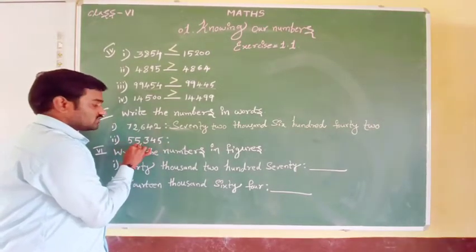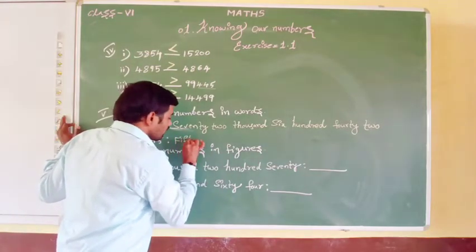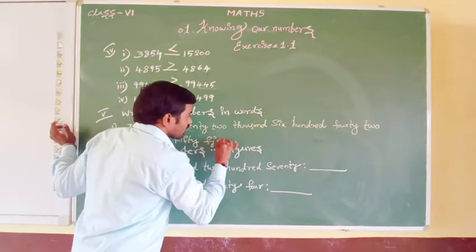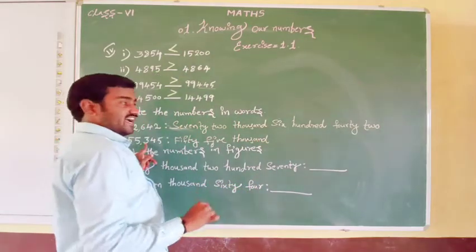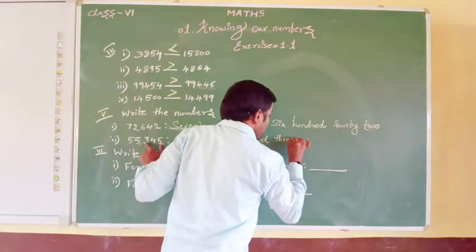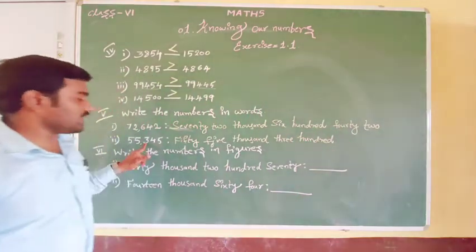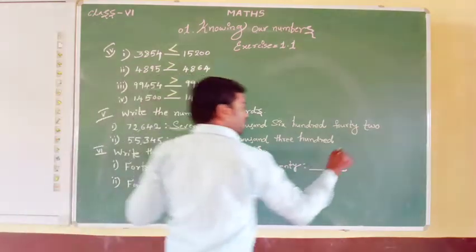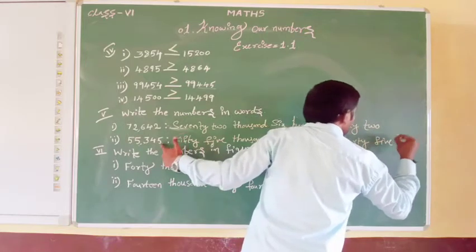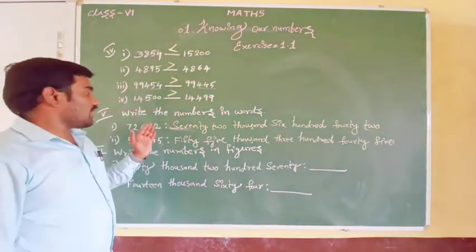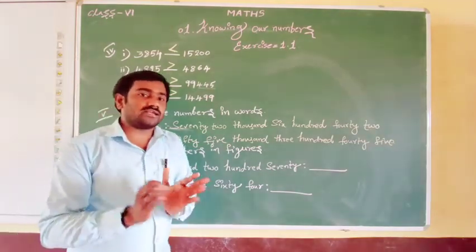That means 55,345. Let me write that. 55,345. Finished. So I have written only 2 questions here. The remaining 2 questions you have to write as homework.